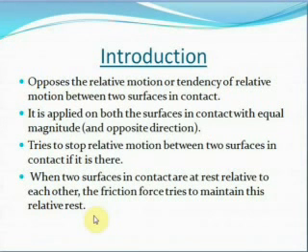Now the friction force is applied on both the surfaces in contact with equal magnitude and opposite direction. So if we take the same example of two blocks, block A and block B, and a force F was applied on block A so that block A moves in the right hand direction.